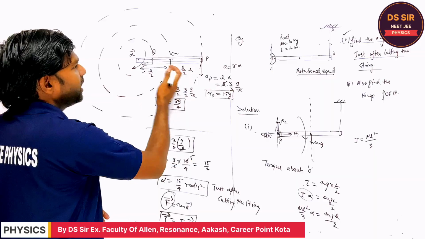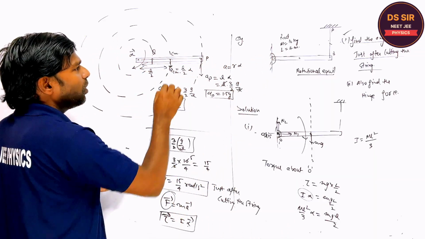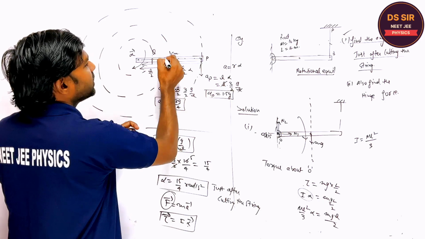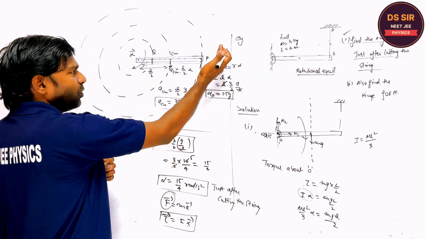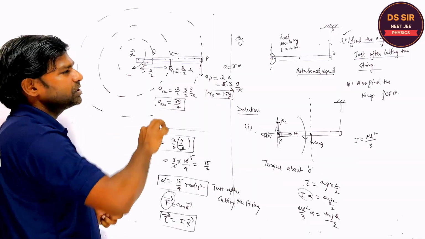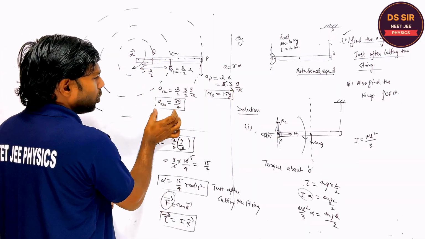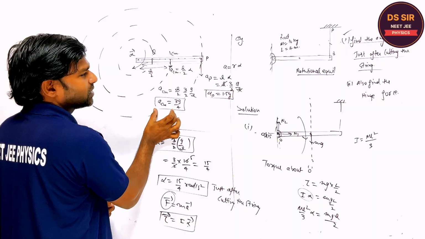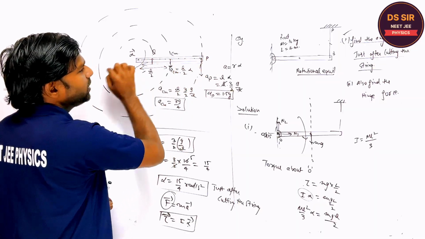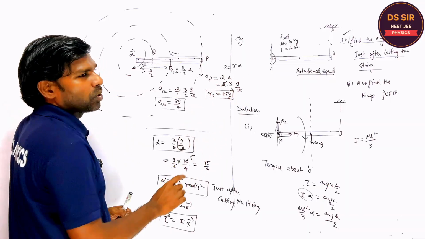It means as you are moving away from the axis of rotation, the acceleration of every point is increasing, right? If you are coming towards the axis of rotation, the tangential acceleration of the point is decreasing, right? Although we need the acceleration of the center of mass, the acceleration of any point can be found using a equals R alpha.